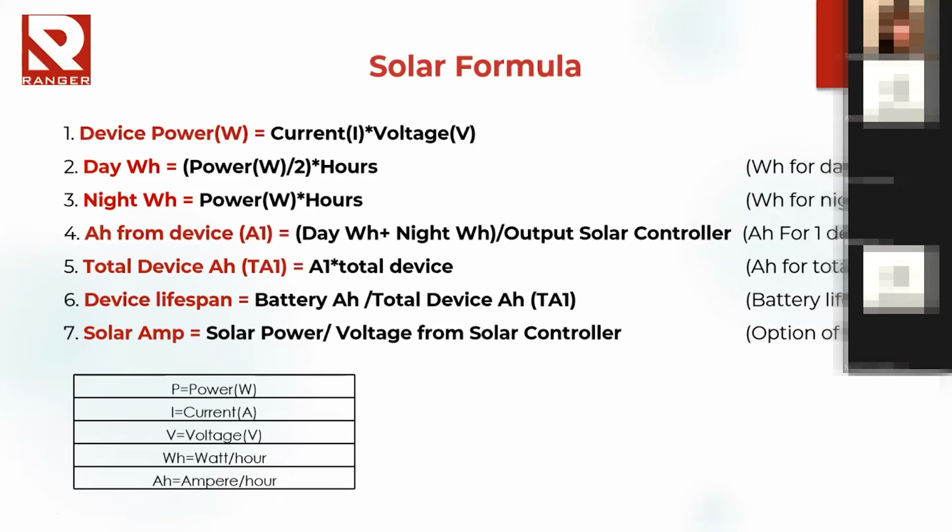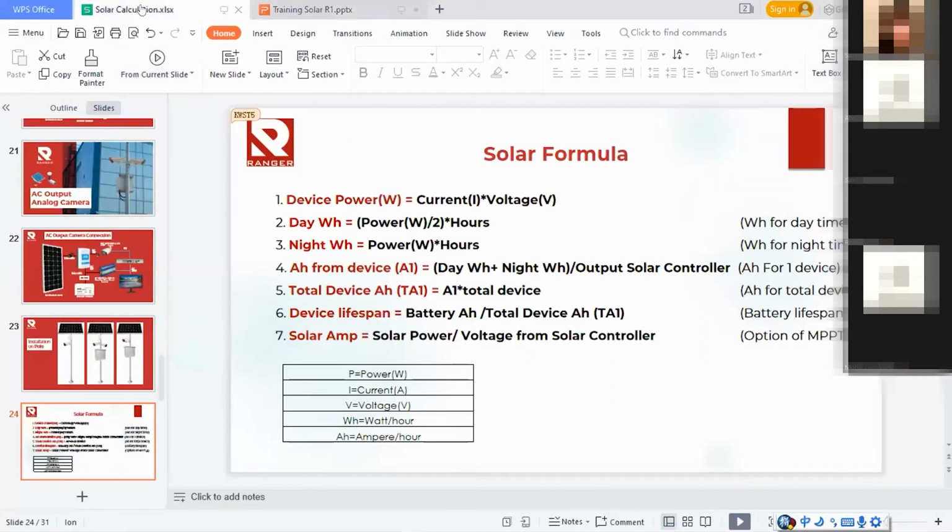For example, 150 watt solar power and the controller output, you will get the ampere. If the ampere is 15, then the 10 ampere MPPT is not suitable, so you must use one higher than 15 ampere. Okay, now I will show you the calculation.